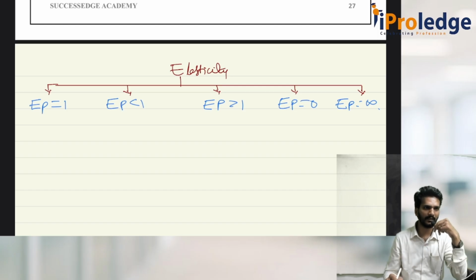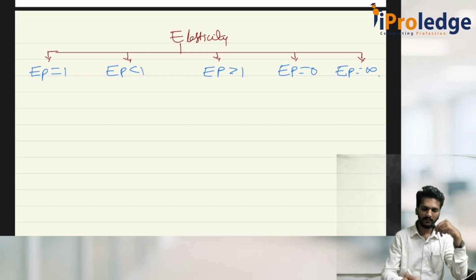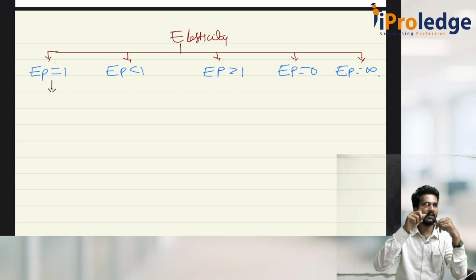What do you mean by elasticity of price equal to 1? What do you mean by elasticity of price, which we are discussing? Percentage change in quantity divided by percentage change in price. When the price changes by 10%, demand also changes by 10%, because of which EP is equal to 1.